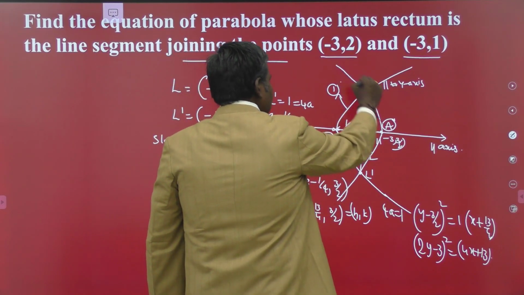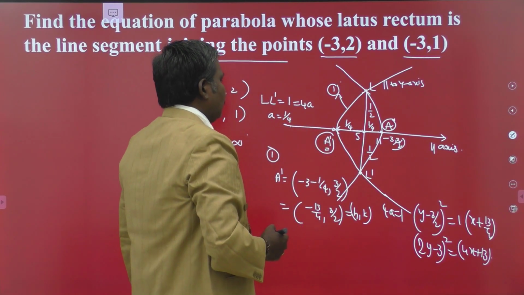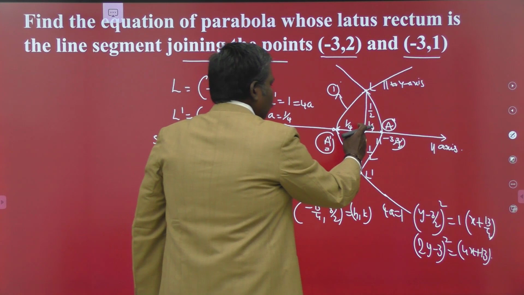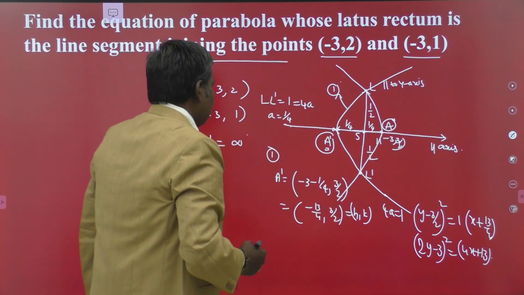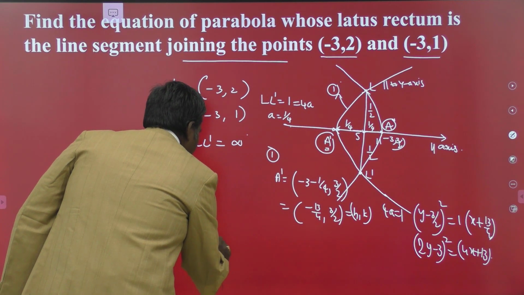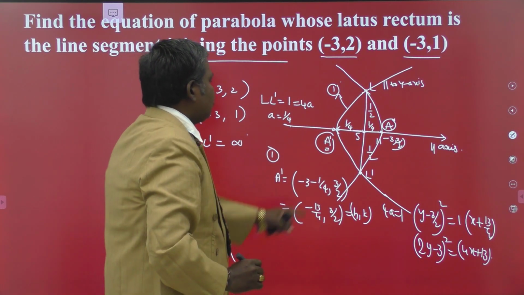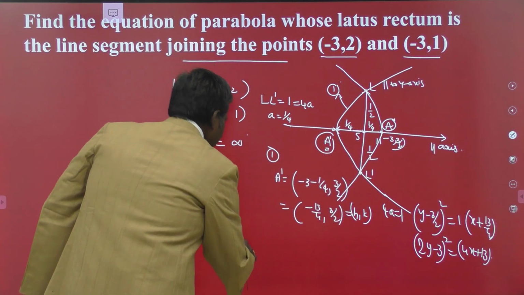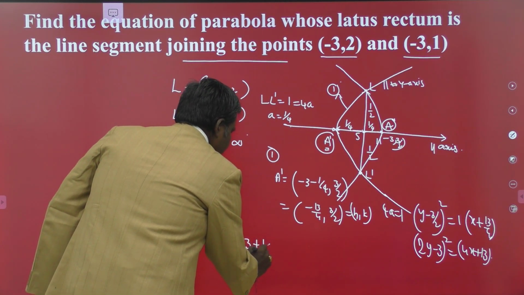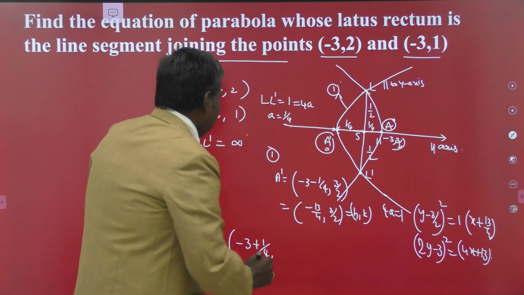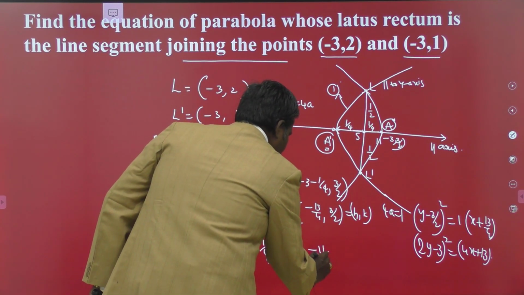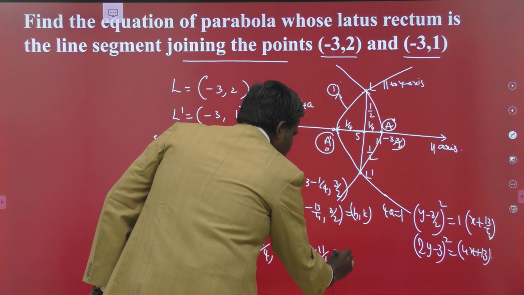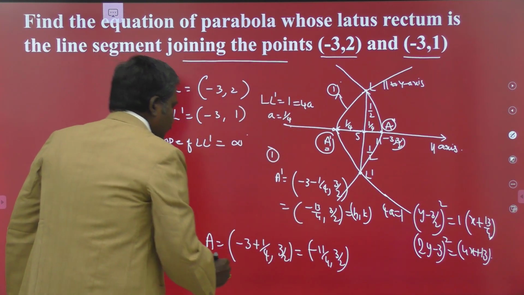Again, similarly, you can easily find the equation of this parabola. Now, what you have to do? You have to add 1 by 4 to the x coordinate of focus S. So, the coordinates of A are similarly obtained: minus 3 plus 1 by 4 comma 3 by 2, that is minus 11 by 4 comma 3 by 2. So, can I write the equation of the parabola or not?